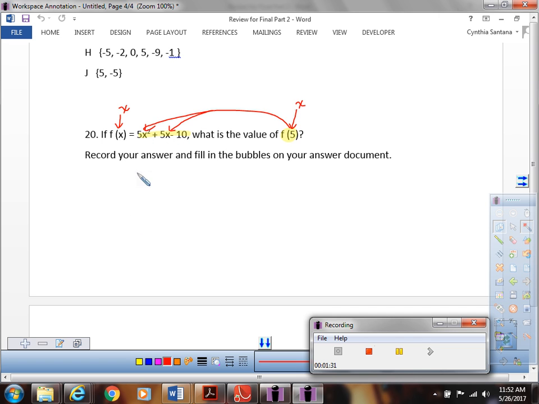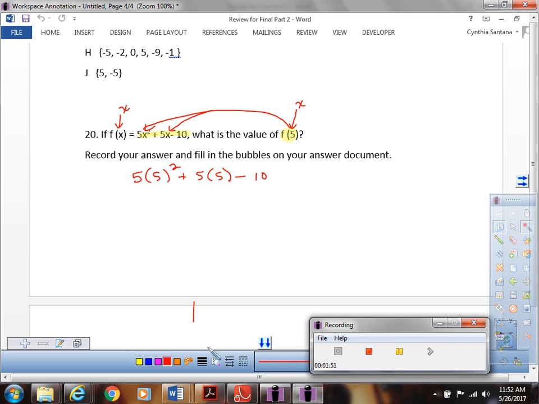So this is what you would end up with. It'd be 5 times x squared. Okay, x is 5, so 5 squared, plus 5 times 5, because that's another x right there, and then minus 10.